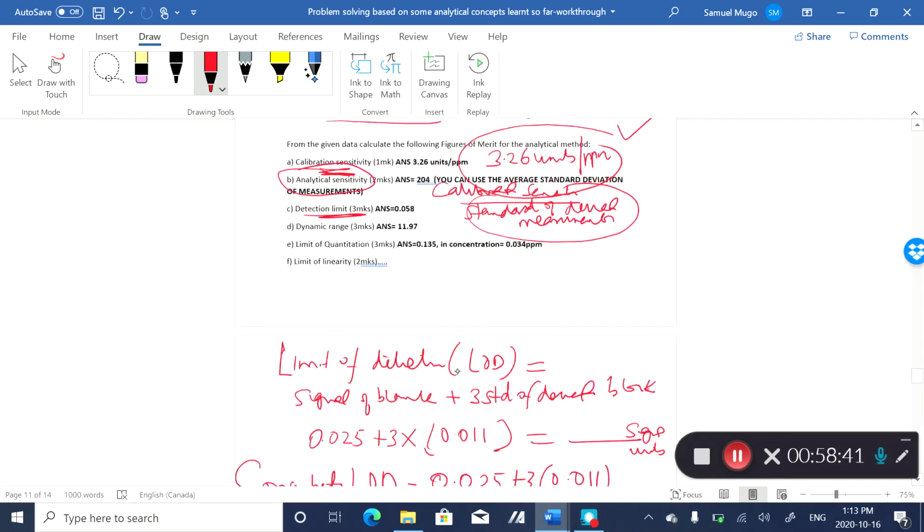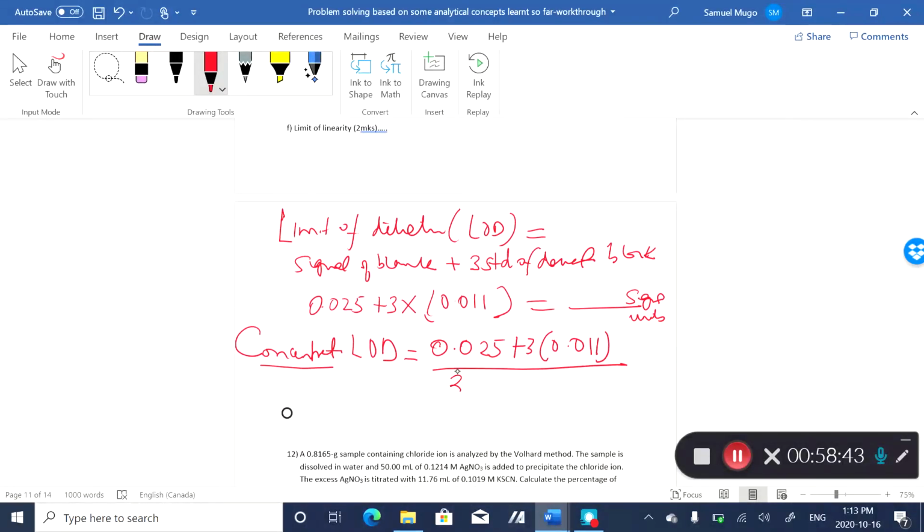And I think we had it before at 3.26, and that is units per ppm, and then you can see the answer that you get is going to be in ppm, and that's why we are calling it the concentration limit of detection.